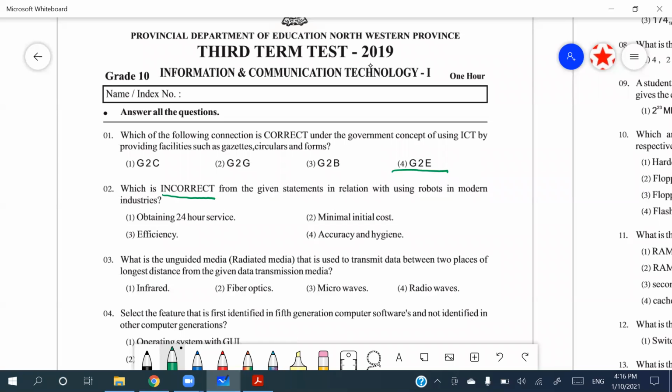So it's not going to be a minimal initial cost. You will be incurring a certain amount of cost to establish that. And the efficiency, yes, it is increased, and it's going to be a benefit as well. And accuracy and hygiene, yes, we can maintain accuracy and hygiene with the robot system. So the answer for the second one is going to be the second choice.